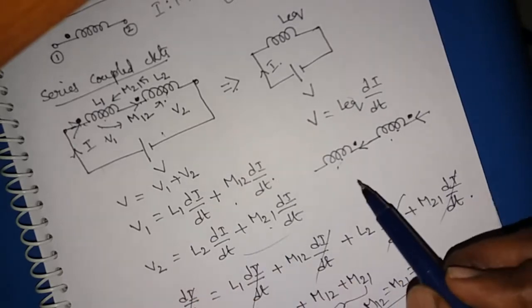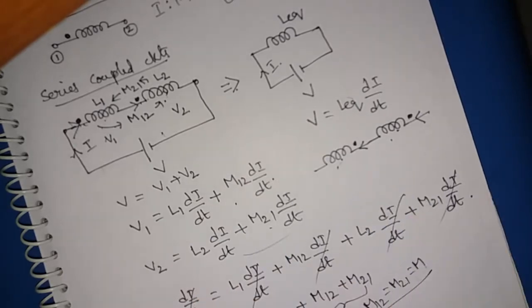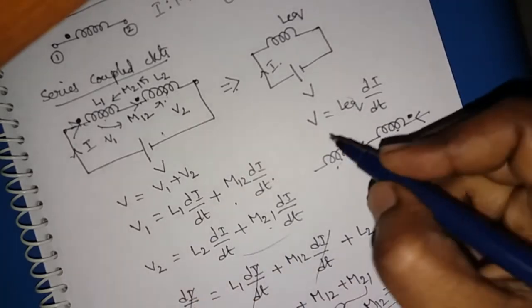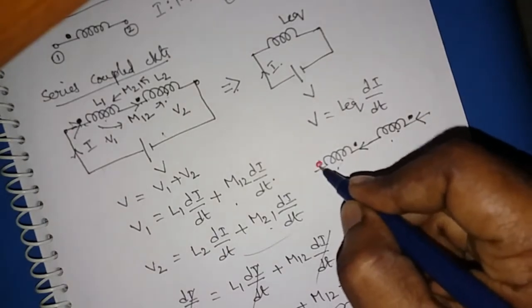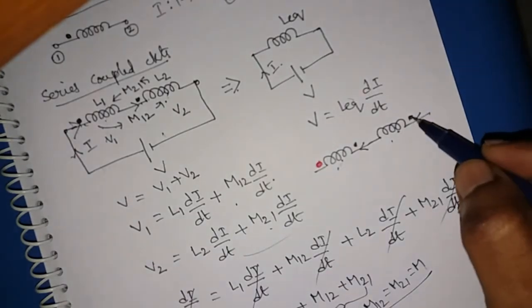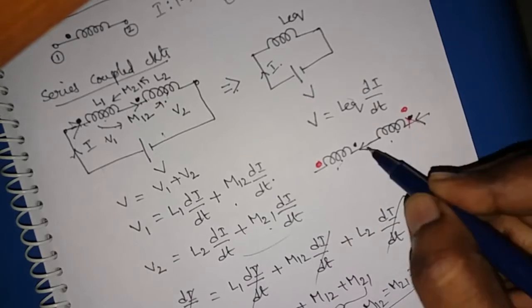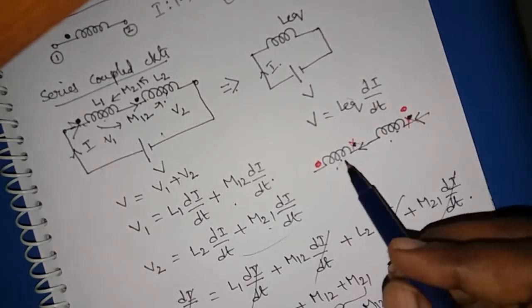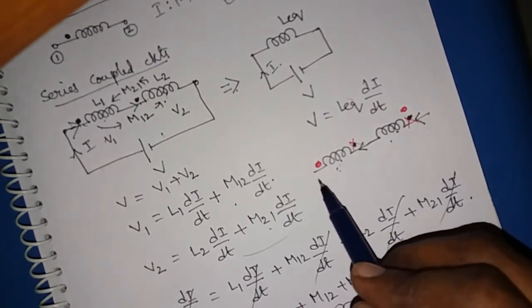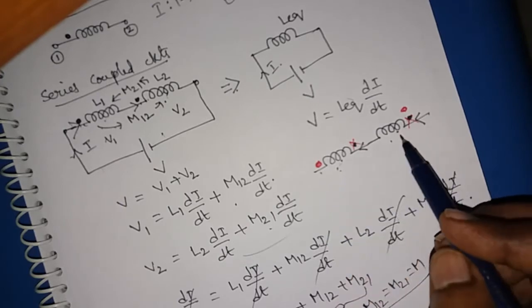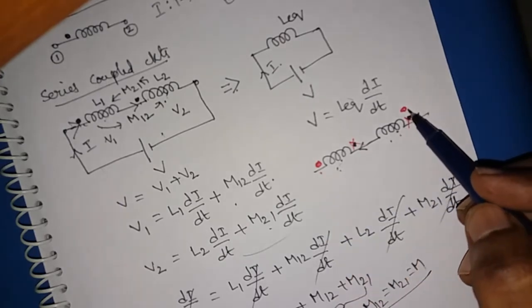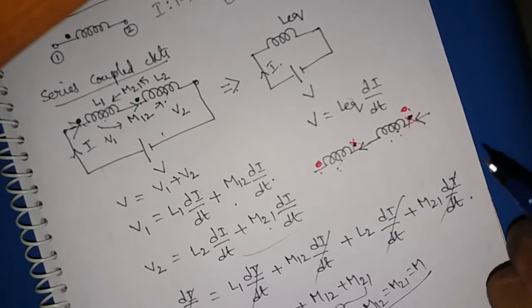If it is not so, suppose the dot is placed here and the dot is placed here. That means for the first coil the dot is placed at the starting, and for the second coil the dot is placed at the last. Then the mutual effect is negative.